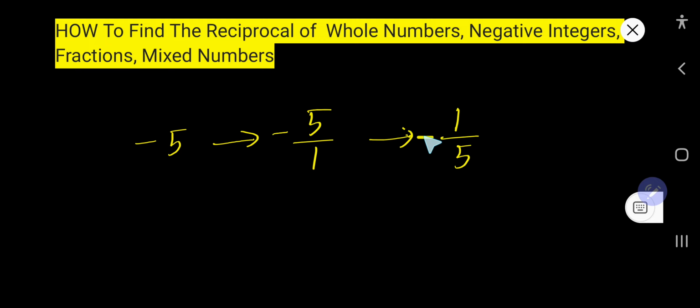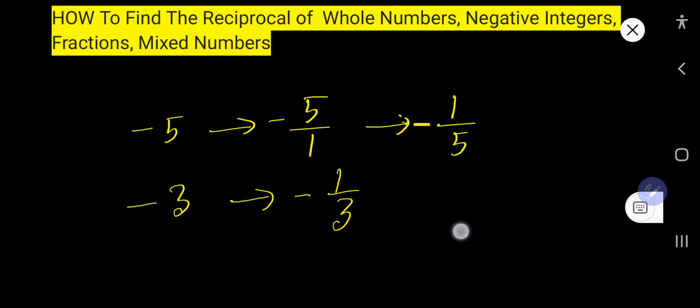You can take the negative sign with the numerator or denominator, but usually we write it here, minus 1 over 5, right? So what is the reciprocal of minus 3? So 1 over 3, just add the minus sign, 1 divided by that number, right?